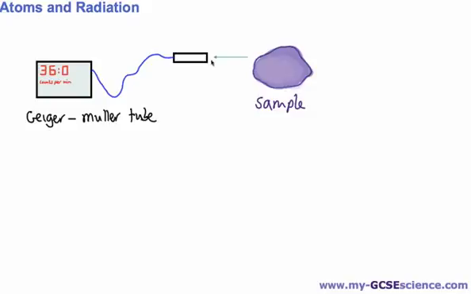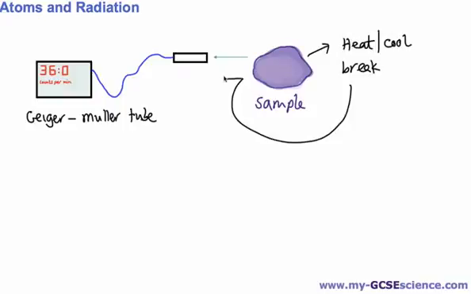So here's our sample giving off radioactivity. It's important to remember that it will give out radiation no matter what you do to it. So if you heat it or cool it or break it or smash it or powder it, whatever you do, it's still going to give out this radioactivity.